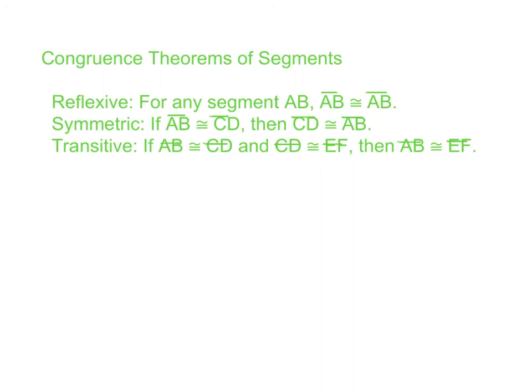The symmetric property: if segment AB is congruent to CD, then segment CD must be congruent to AB. Kind of makes sense. Transitive property: if 1 is congruent to 2 and 2 is congruent to 3, then 1 must be congruent to 3. In other words, if segment AB is congruent to segment CD and segment CD is congruent to EF, then segment AB must be congruent to EF.